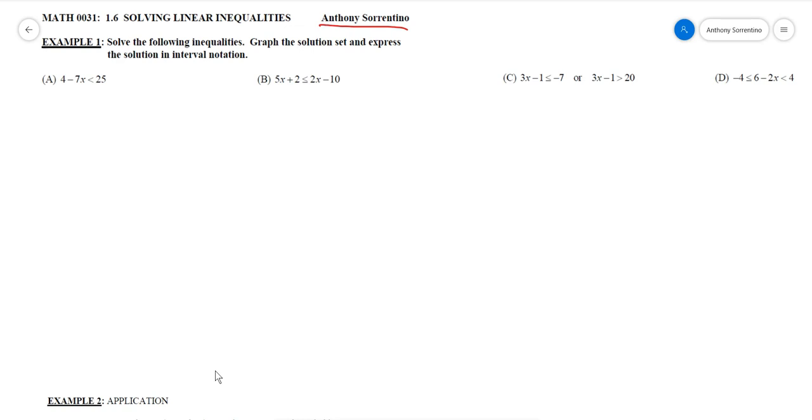However, basically it's still equation solving. The only difference is that you have to pay attention to instances where you're multiplying or dividing on both sides of your inequality. If I have to multiply or divide both sides of an inequality by a negative, then I have to switch the inequality sign around.